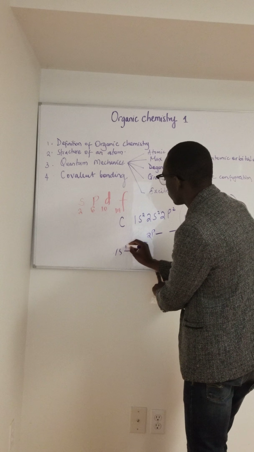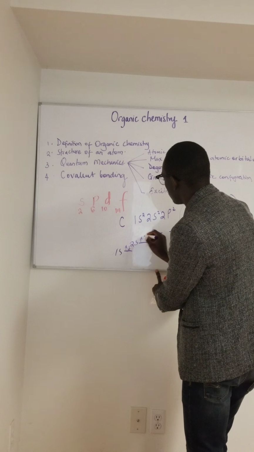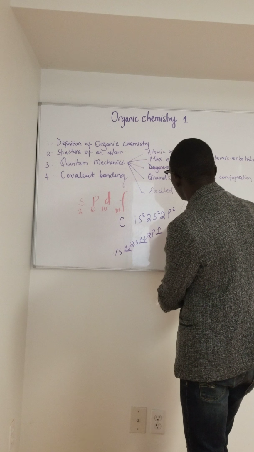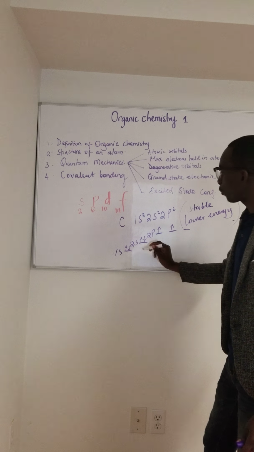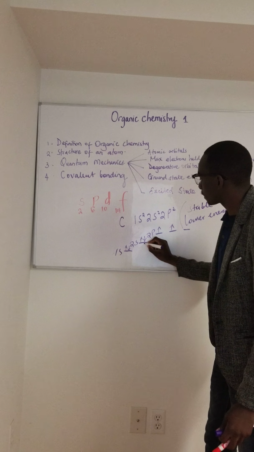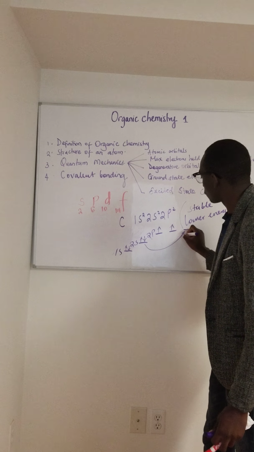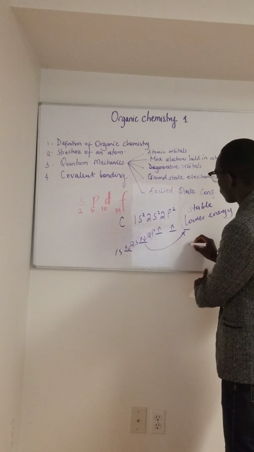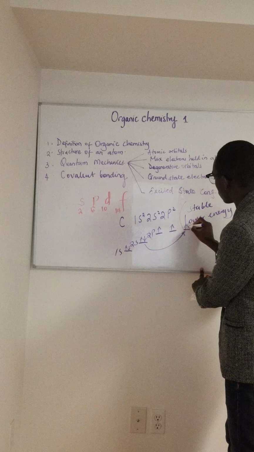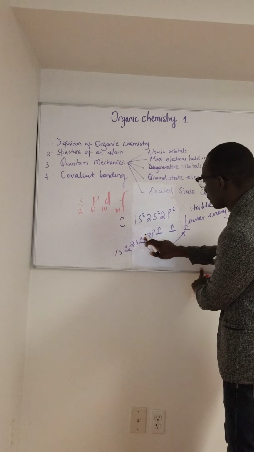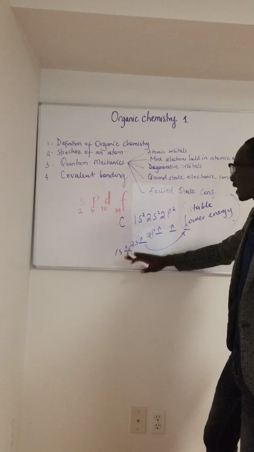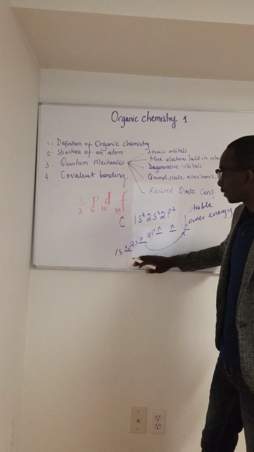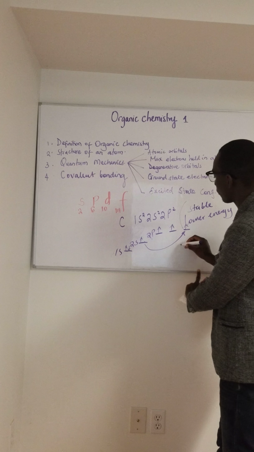So I had 2 electrons here spinning in opposite direction, and 2 here. So this is the electronic configuration of carbon. So when one of these electrons gets excited and moves to this orbital, the final structure will be like this. So that's what we call being in an excited state. And carbon exists in this form, and this process is called hybridization.